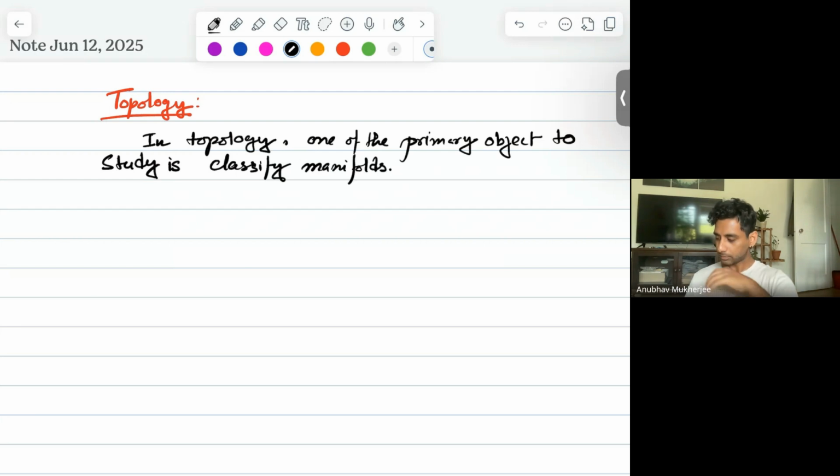I'm not sure of anybody's background, but since I was told that you are all first or second year undergrad, probably you don't know the meaning of manifold. So let me first introduce what a manifold is.